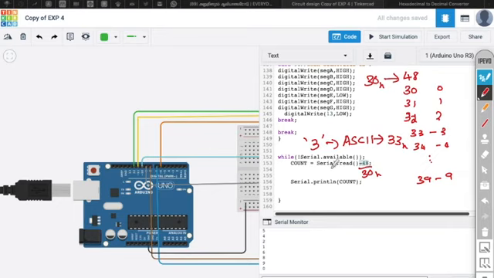For example, if I have typed 7 and transmitted the number, it will be received as 37. 37 minus 30 will give 7. This 7 will be stored in this count register, and here, just for echo purposes, for understanding whether the data is properly received or not, I am sending the same value back to the PC.